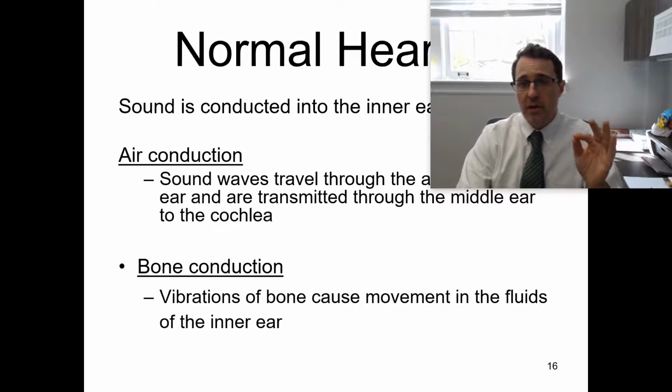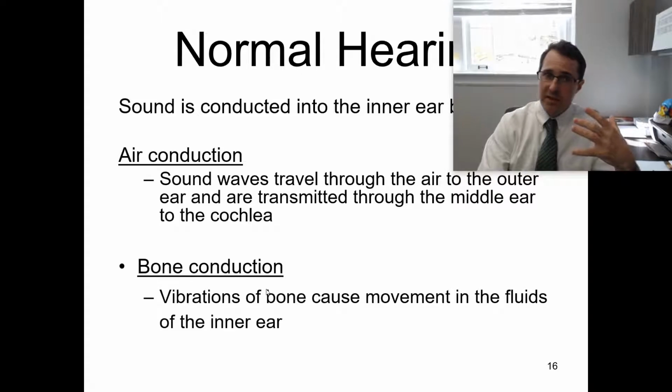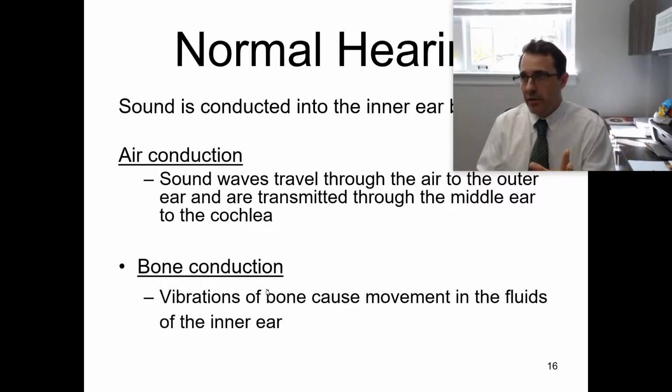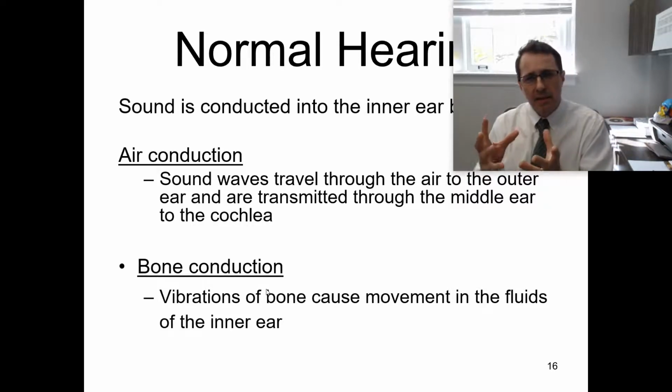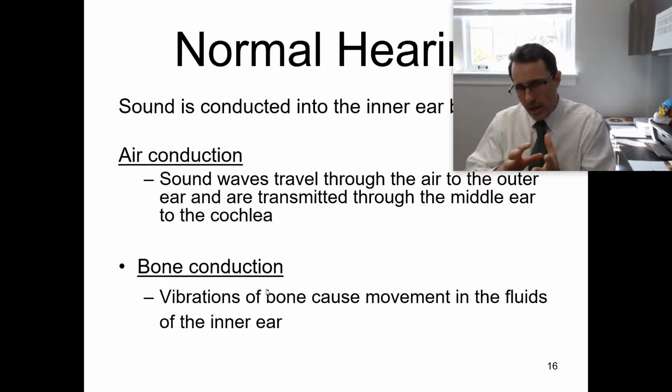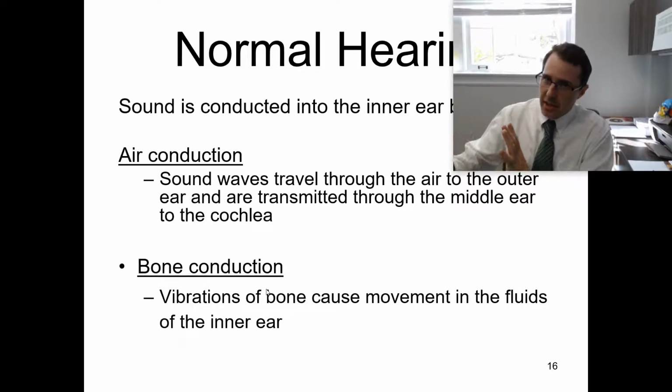We can stimulate the hair cells in the cochlea two primary ways. The first is the way that I've been explaining throughout the course of this lecture. We call this air conduction, meaning that the energy that is being delivered to the cochlea to stimulate the hair cells is passing through the air, being collected by the outer ear, transmitted to the middle ear, to be delivered by the ossicular chain at the oval window by the stapes to the cochlea.